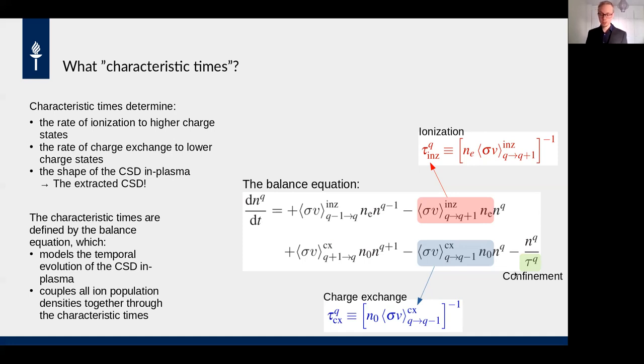Consequently, it determines, along with the extraction geometry, how much of the desired type of ion the ion source operator will see in the beam. The experimental determination of the characteristic times at play in the balance equation then is vital for the continued development of ECR ion sources.